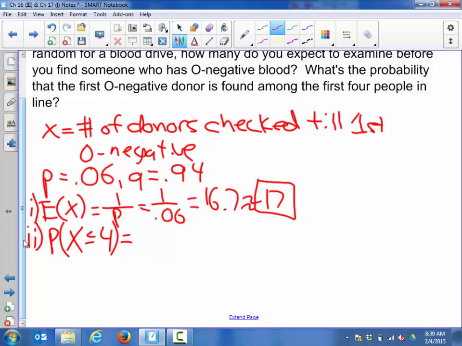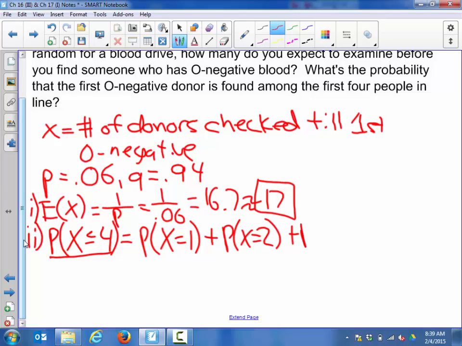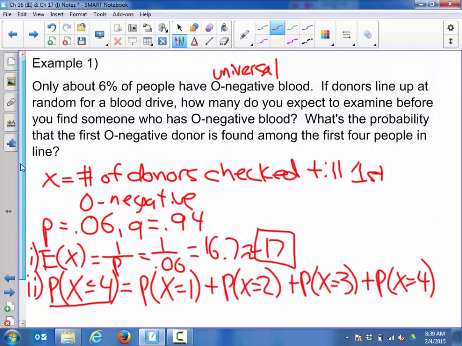Well, that just breaks down like this. In fact, you can skip what I wrote first here, the underlined piece, and just write the following. That's the probability that your first person would have O-negative blood, plus the probability that your second person would have O-negative blood, plus the probability that your third, and finally the probability that your fourth would have O-negative blood types.